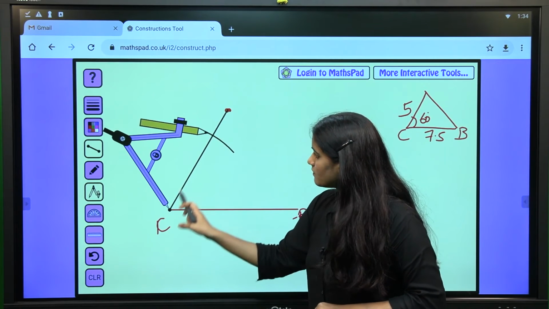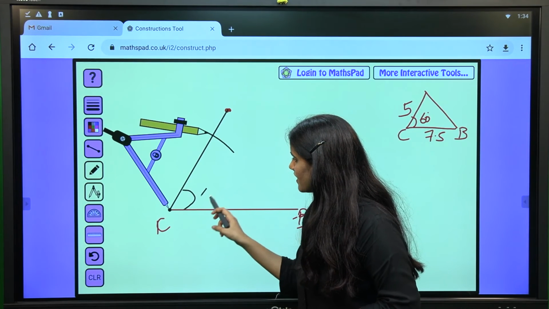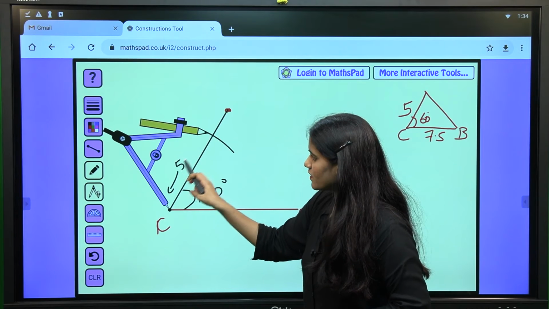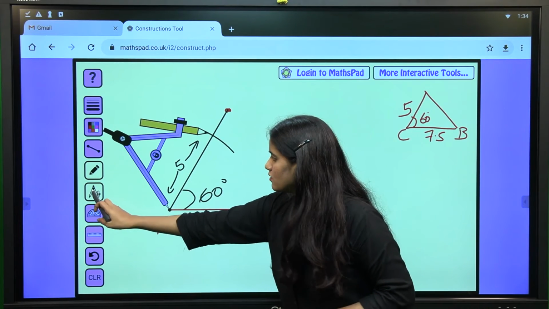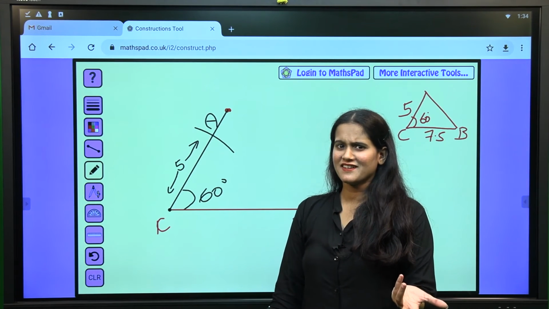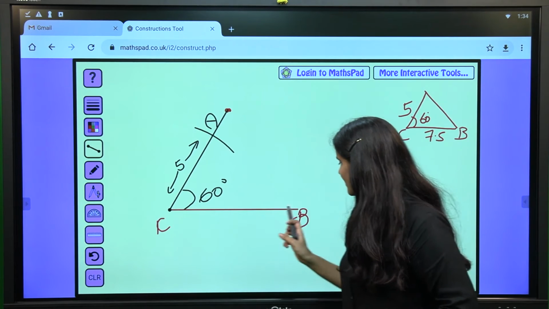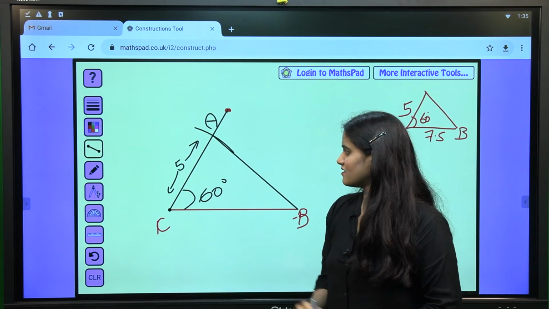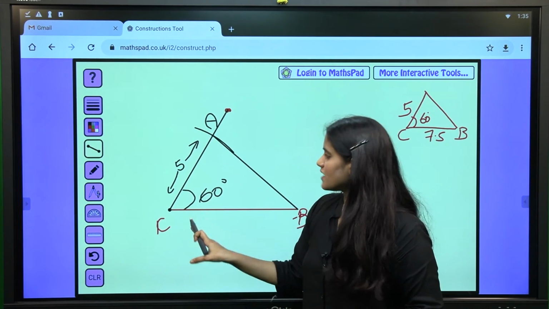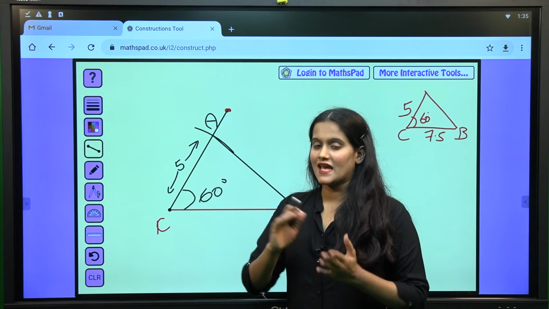So this value will be 5 centimeter. That's it. So this will be 60 degree and this will be 5 centimeter. And this point you can name it as A. Next point, just join AB. That's it. So take a line, join AB. The construction is done. Your triangle is done now. So with only two sides and one angle, you can also do the construction. That's the criteria which is SAS.